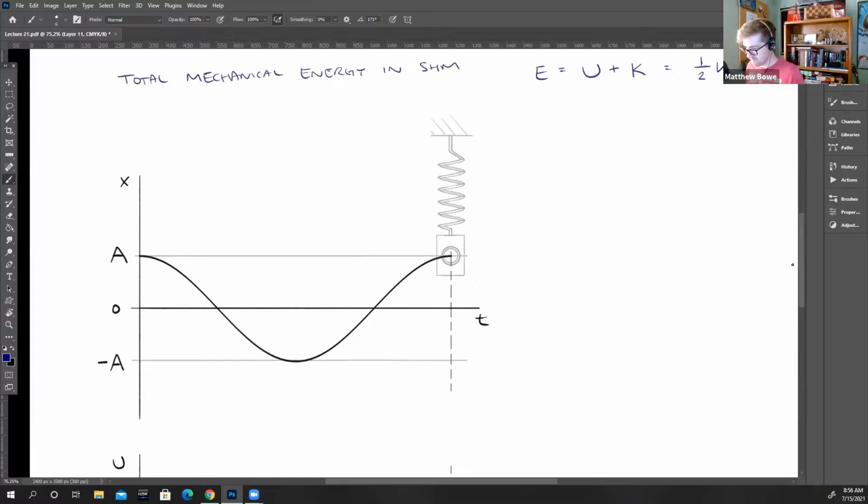What if I want to find its potential energy right at this moment, when it's compressed all the way in its path? Well, as we've seen before when going over springs, when the spring is compressed, there's a large elastic potential.